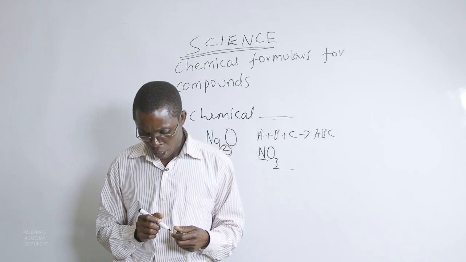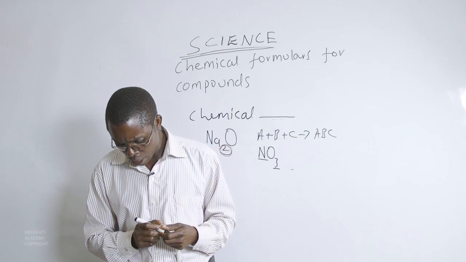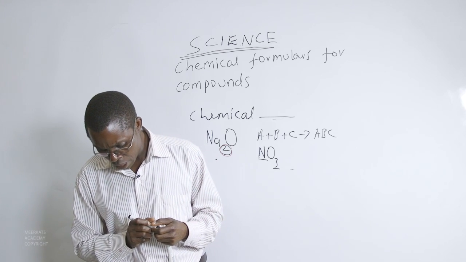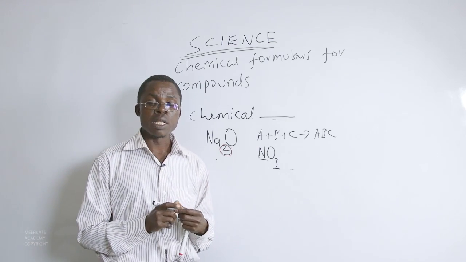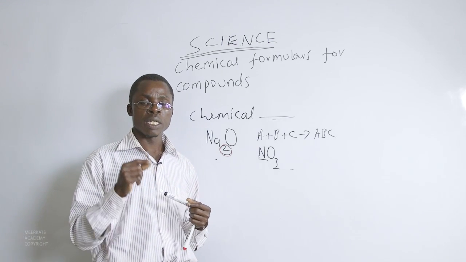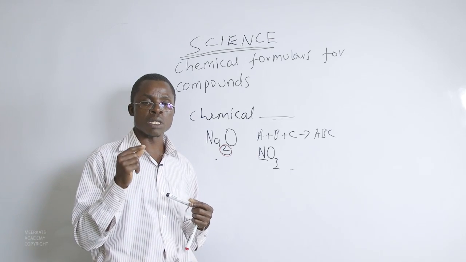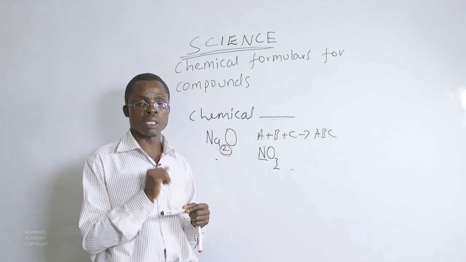So these groups are called radicals, and their names are usually used in the naming of the compounds which contain them. That is a very important statement.